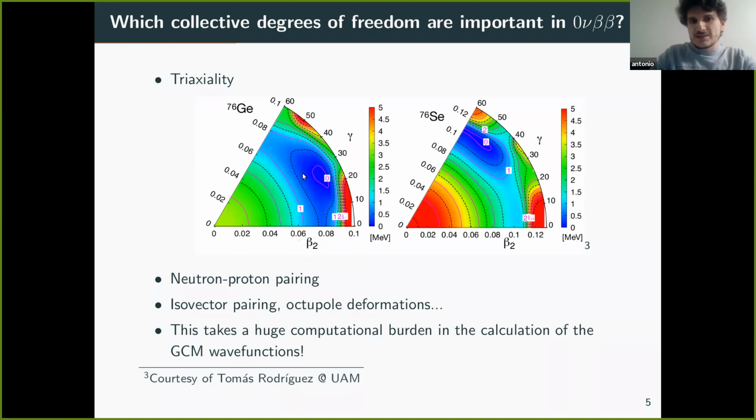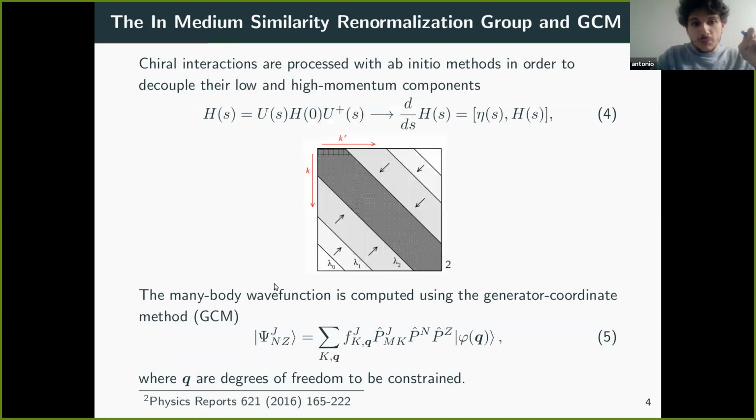So we have 6 times 7 times 5, which is around 200 states included in the superposition in order to compute the ground state wave function. But then in order to compute this ground state wave function, we need to build the norm overlap matrix, the overlap between all of these 200 states.